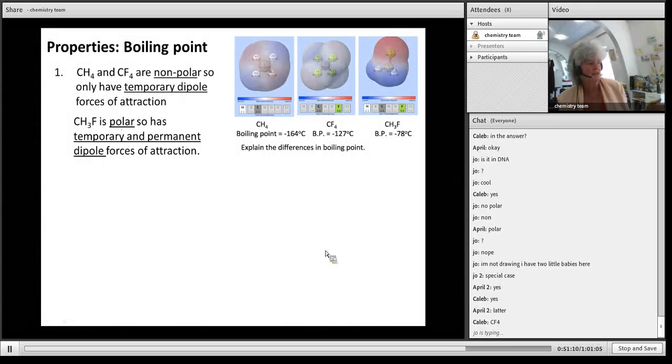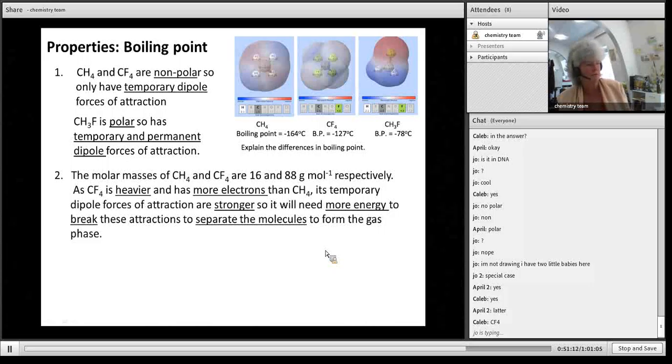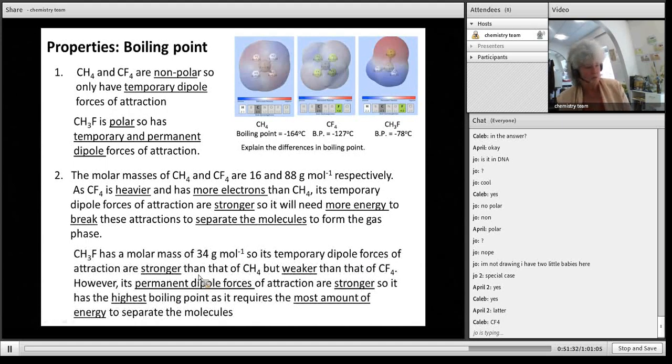I'm spelling out each of the different types, and I'm talking about the factors, heavier, more electrons, and I'm saying which type it's affecting, the temporary dipole force of attraction. They are stronger, so more energy to separate the molecules. Then you do the same thing with this one, but now talking about the permanent dipole force of attraction.